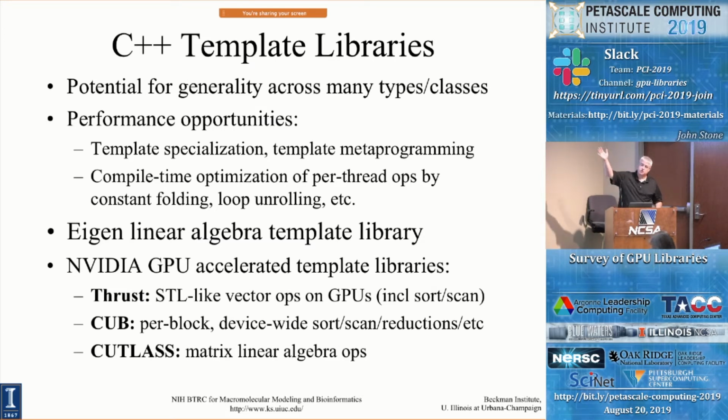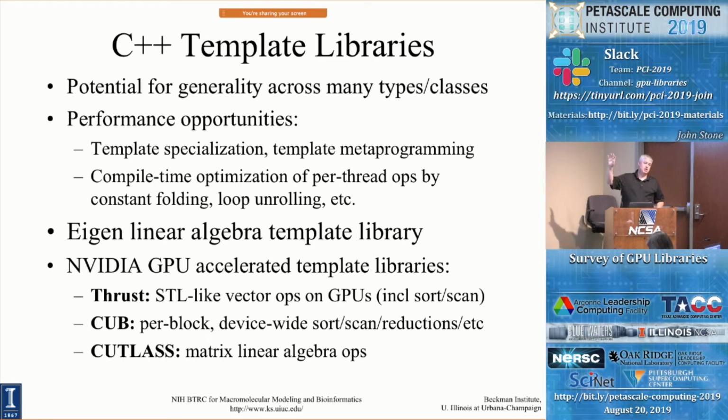And another thing that's interesting about templates is, using some tricks that I won't go into much detail about, there are things called template metaprogramming where you can combine templates together, and the compiler has an opportunity to do optimizations that are not possible with a conventional library, because it has both the point in the code where you're calling the template, where you're instantiating that template and telling it these are the data types I'm operating on, these are the classes and objects that I need you to work on, and here's all the inputs.